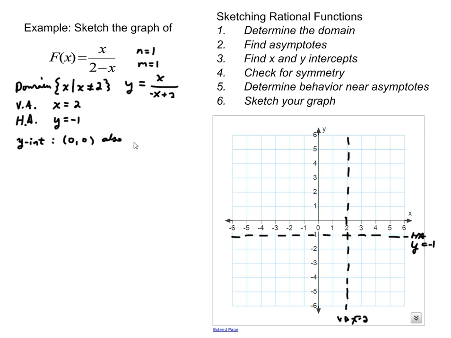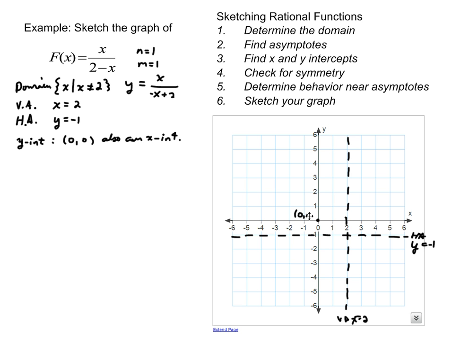Why is that? Well, at (0, 0), the graph crosses the x-axis where the x-axis and the y-axis meet, so our x-intercept and our y-intercept occur together. So (0, 0) seems to be the only point we're getting out of our intercepts this time.